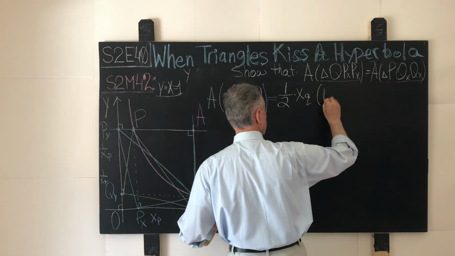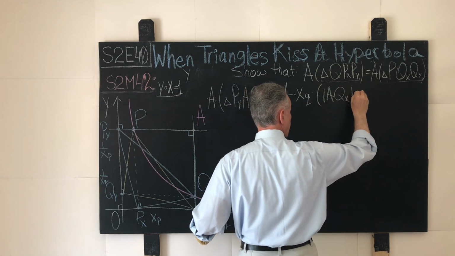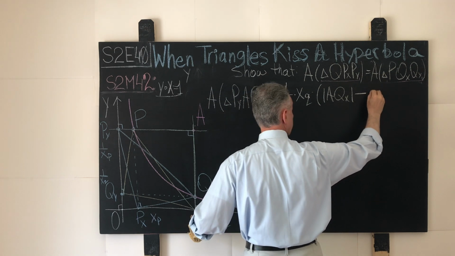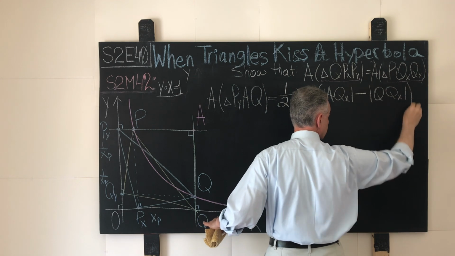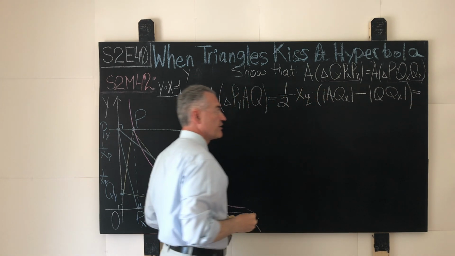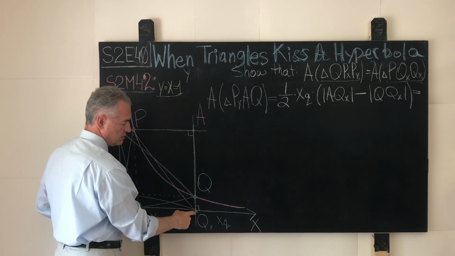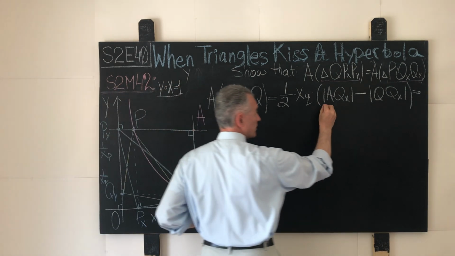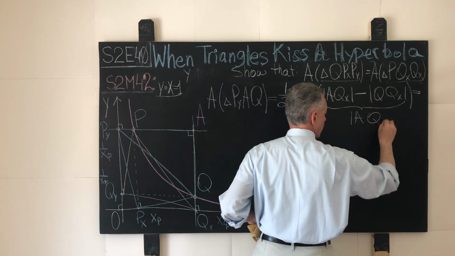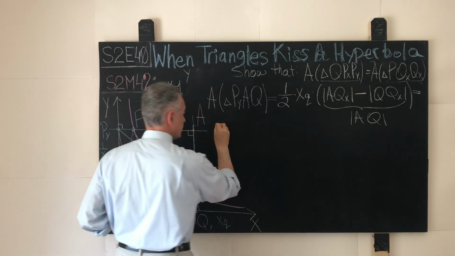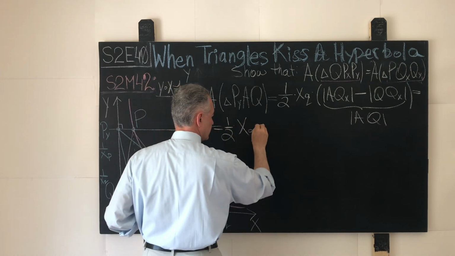It will be the length of the line segment AQx minus the length of the line segment QxQ. You see, this is how this cookie crumbles. This is the length of the line segment AQ, and now that we understand what's going on, this is 1/2 times xq times what?